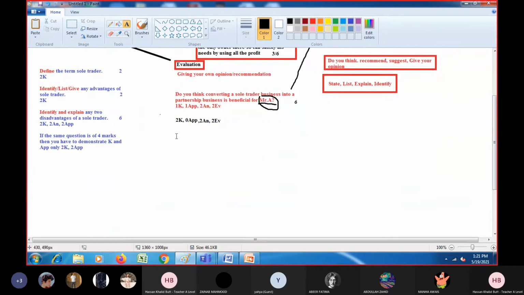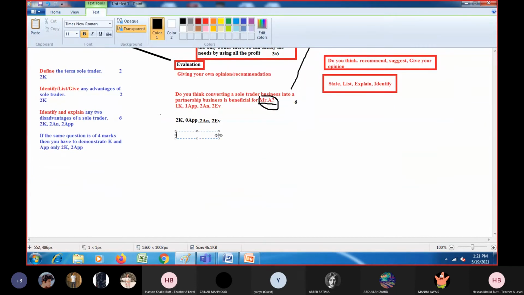Let's start writing it. Now, the pattern to answer is very simple. I'm telling you, you might not get it even in the mark scheme, but with my own experience, I'm able to say that this should be the pattern of a 6 mark question which requires evaluation.